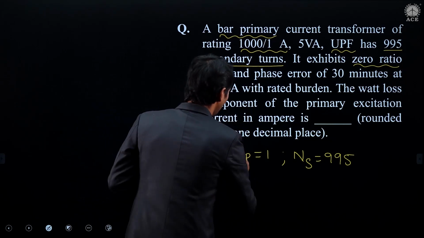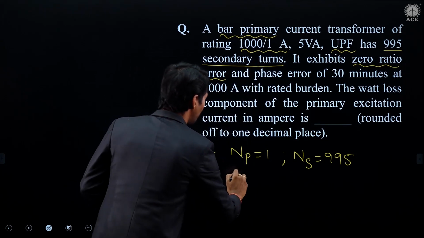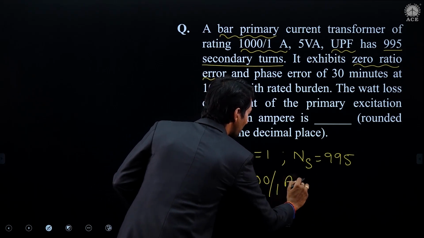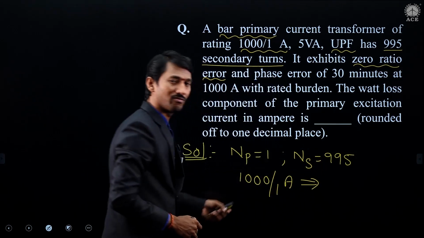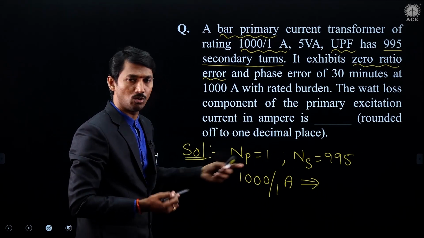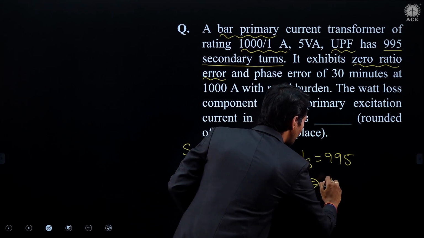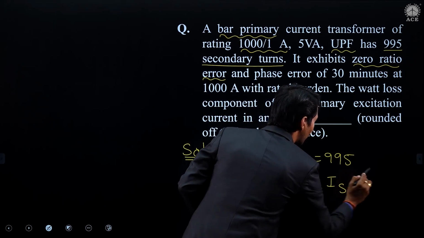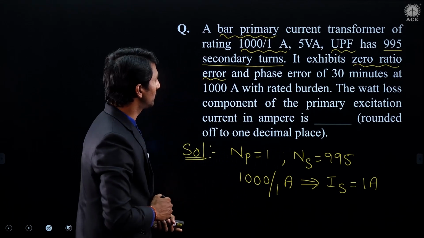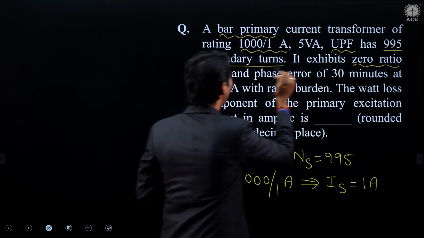After that, here 1000 by 1 ampere. It means what is the secondary current? 1 ampere. Primary current, what is it? 1000 ampere. So therefore, the secondary rated current is how much? 1 ampere.